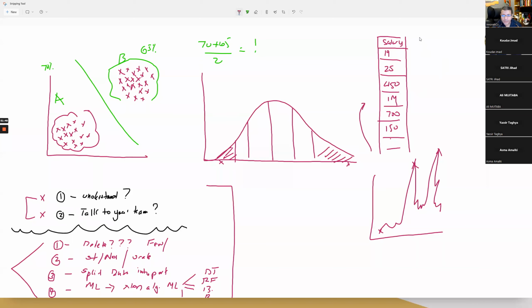غادي نديروا يعني transform like this. غادي نديروا مثلا ما بين بحال هكا، هاي تكون 19 150.